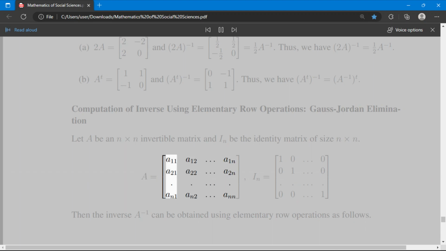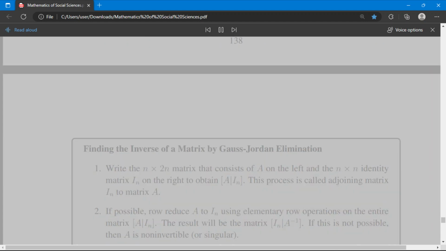A equals A11 A12 ... A1n, A21 A22 ... A2n, ... An1 ... Ann. In equals 1 0 0 0 1 0 0 0 1. Then the inverse A1 can be obtained using elementary row operations as follows.